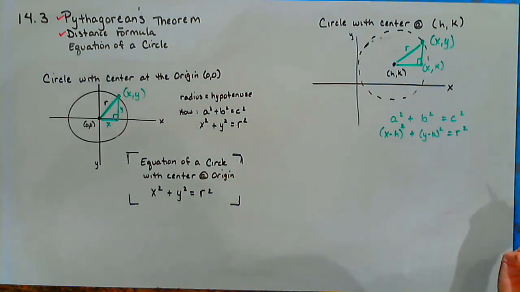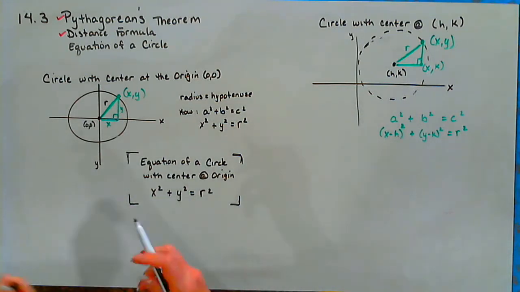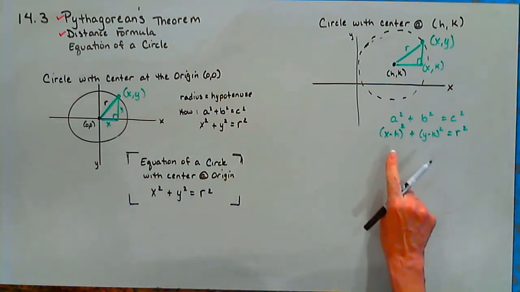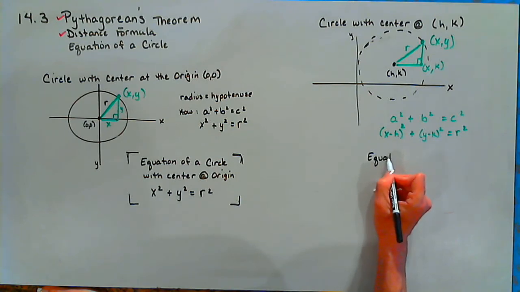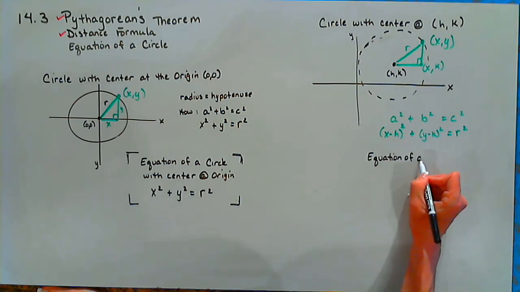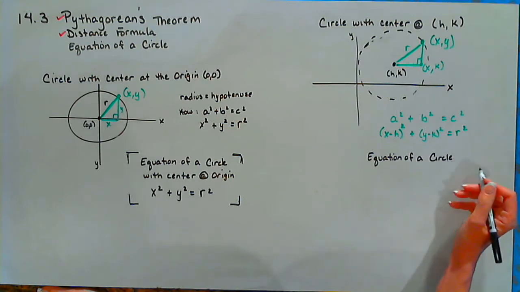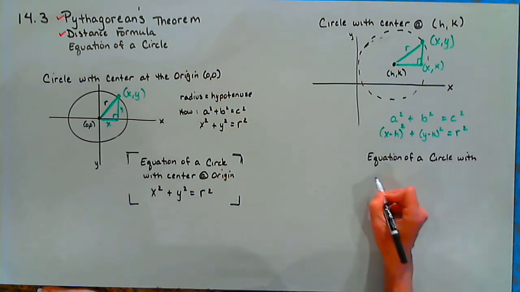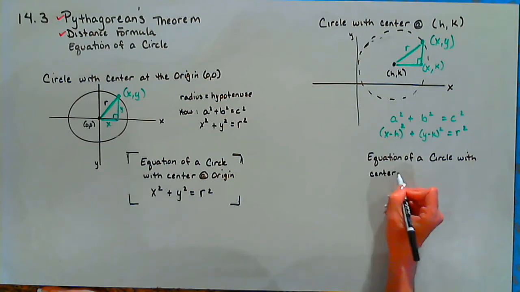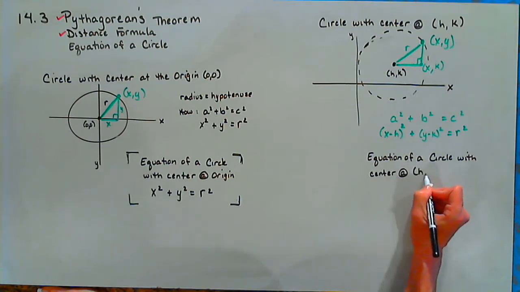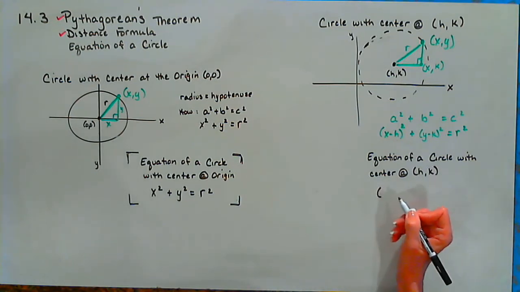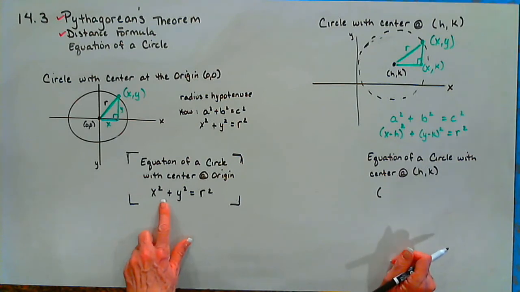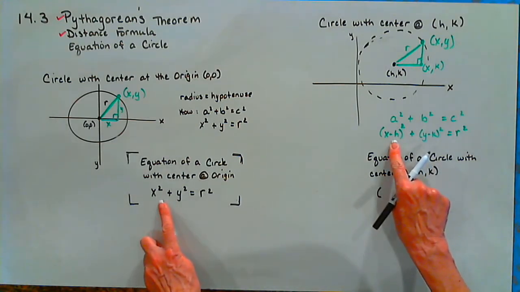We're done. You just found the equation of the circle that's not at the center. We just had to shift it off of the center. So the equation of a circle with center not at the origin, just some random point, is very similar to our center at the origin, but now we have shifted away from the origin.